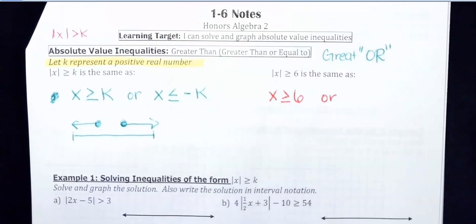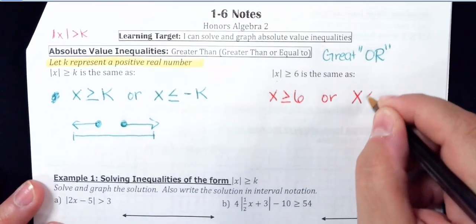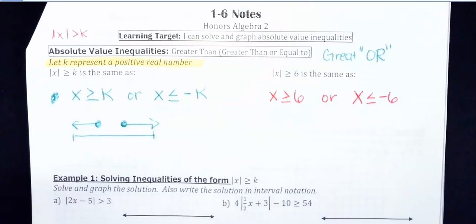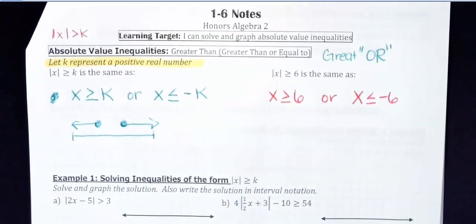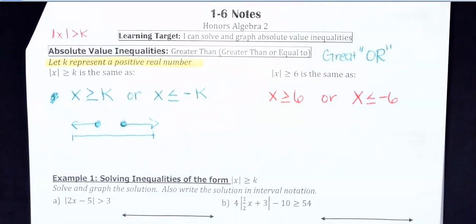Or, and this is the part that I think throws people off a little bit, if my x value was less than or equal to -6. So when I say that, I mean like -7, -8, -9. If we plug any of those in to that original problem, like a -9, that absolute value is going to cancel out the negative, and then it would make that inequality true.